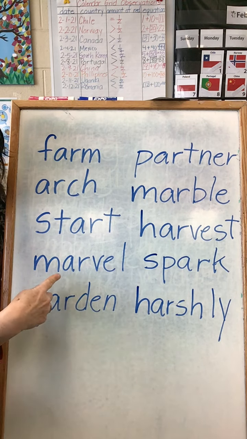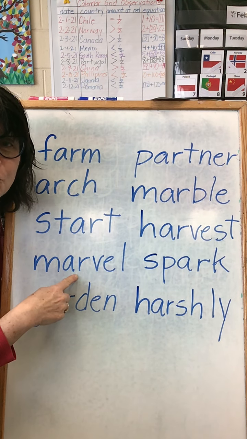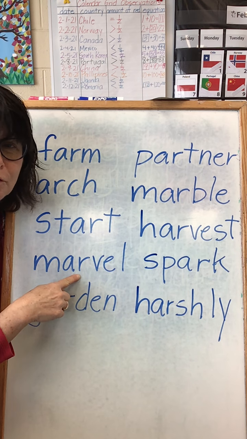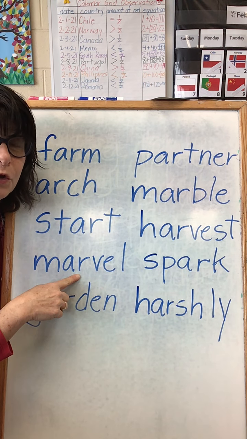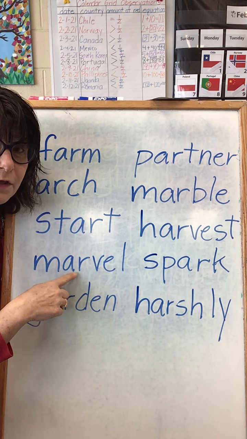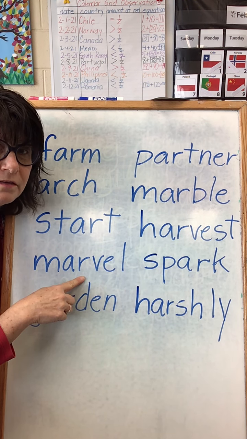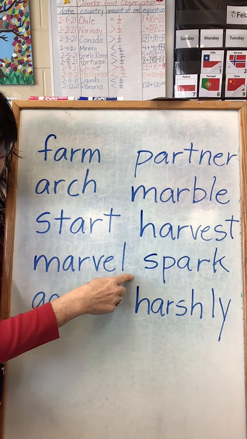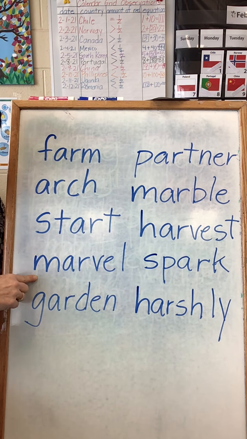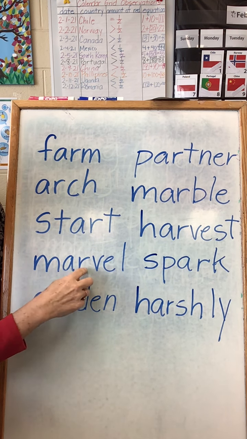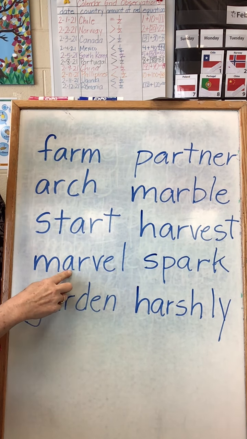All right, let's go back and look at marvel. Marvel means that something is surprising or wonderful. It's such a marvel, okay? Some of you, if you're comic book fans, if this had a capital M, it would be the Marvel comic book series. But if you didn't know this word, you could look for the consonant, vowel, consonant, consonant, vowel, right here in the middle.